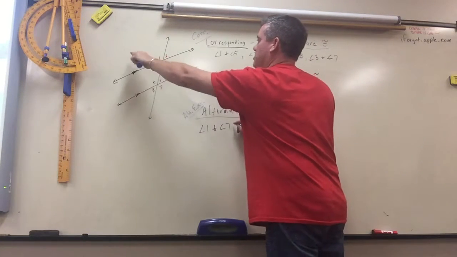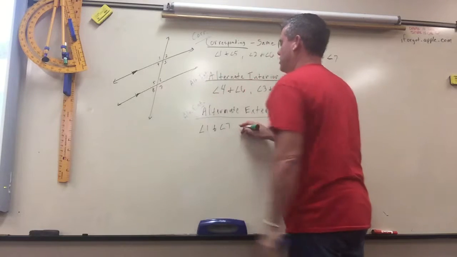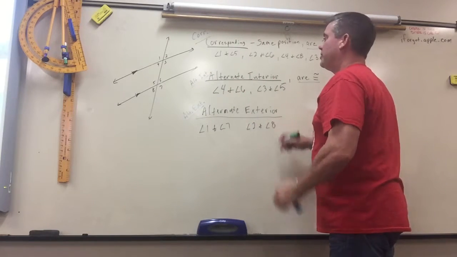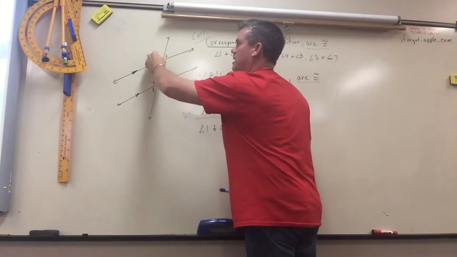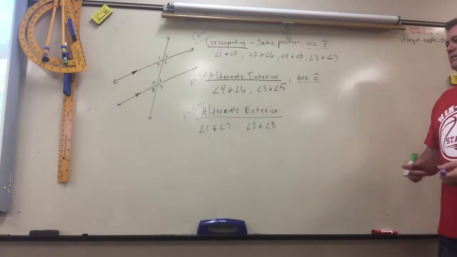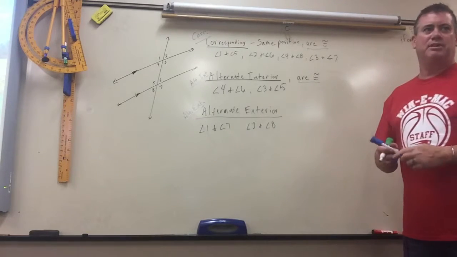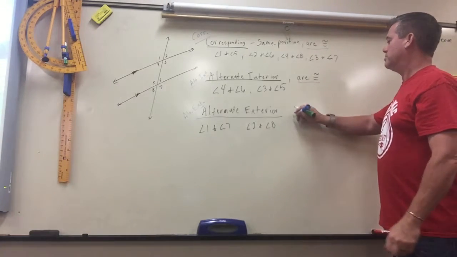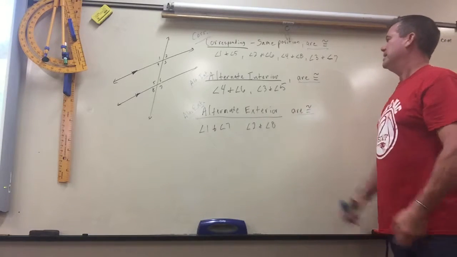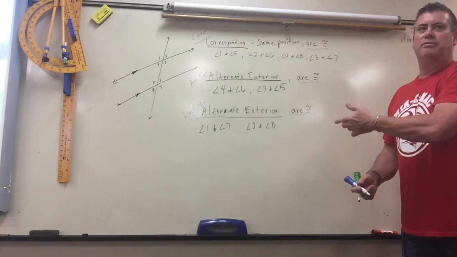They alternate sides, left, right, and they're exterior. And then angle 2 and 8. So if you see 1 is acute and 7 is acute, how do you think alternate exterior compare to each other? They're congruent. So these 3 types are congruent.